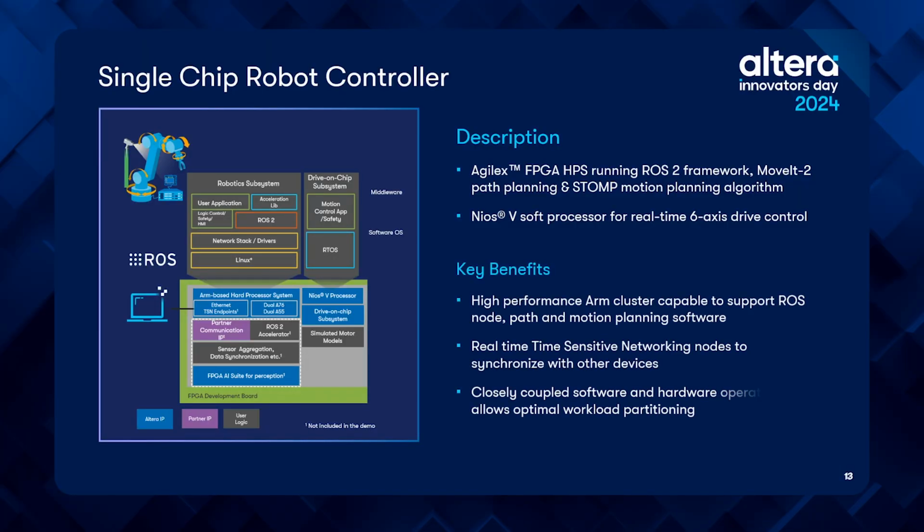So next one I want to talk about is the Agilex capability as a ROS2 based single chip robot controller. It's a very interesting application. The ROS control interface handles the interaction with the ROS framework. As you can see in the picture here, the ROS2 framework is running on the processor subsystem, the HPS.